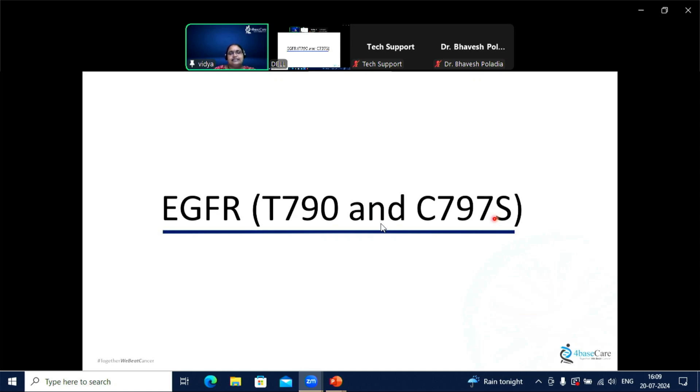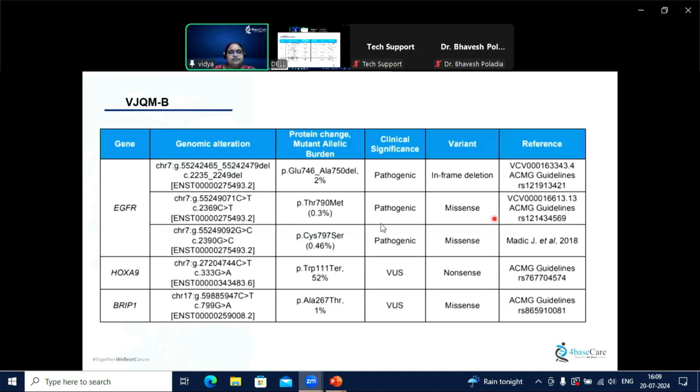That is called cis. Suppose it did not appear in the same DNA segment, but in another one where T790M is not there but C797S is there, then it is called trans. Essentially, it also infers that they belong to two different clones and not the same. So, here is one example.